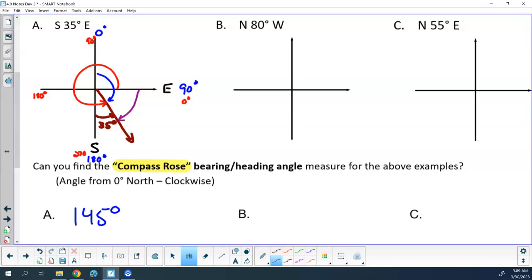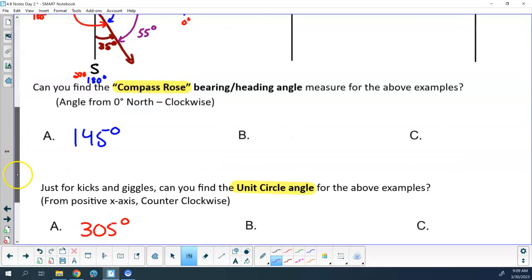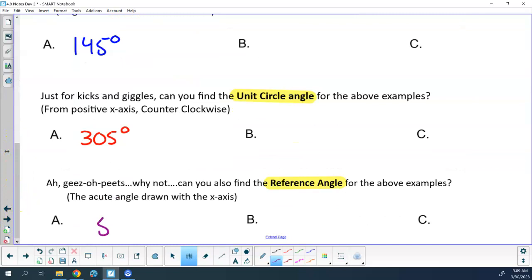Reference angle would be there, and how much would that be? 55. One angle, 4 different ways to say it. Okay.